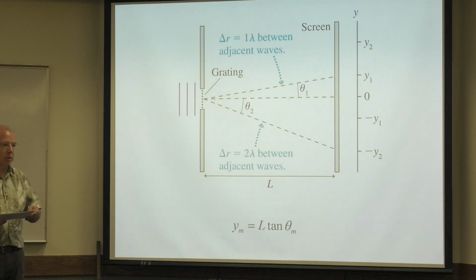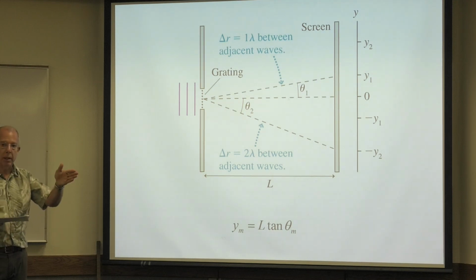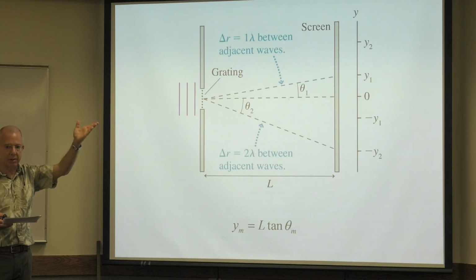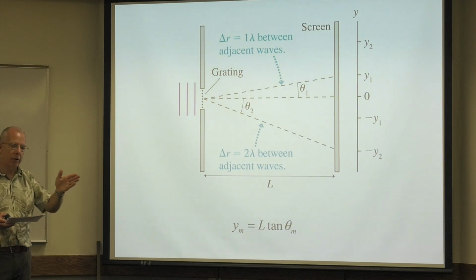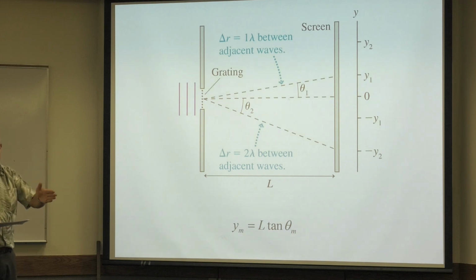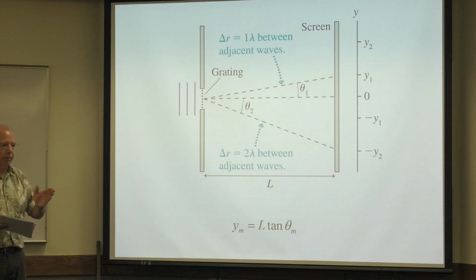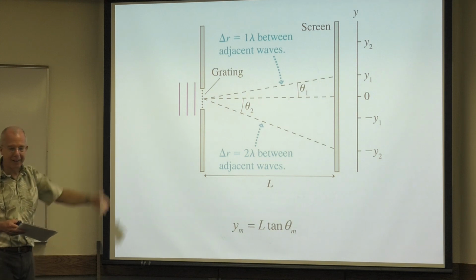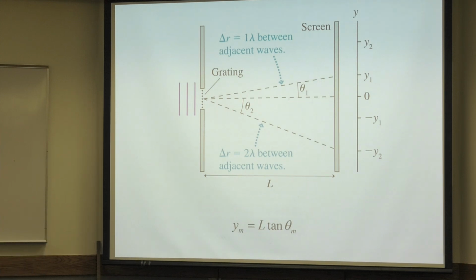Astronomers use this to identify elements in stars and galaxies, because every element has a unique pattern like this, and so astronomers can figure out what elements are thousands of light years away. We'll talk more about that when we do quantum mechanics. I'm just saying spectroscopy is incredibly important in science.